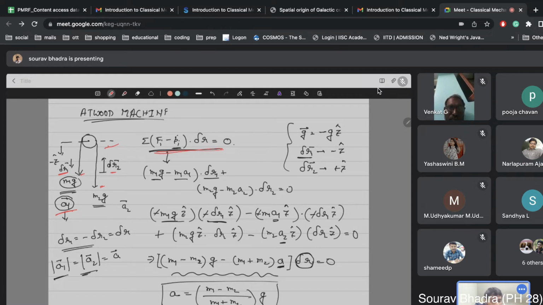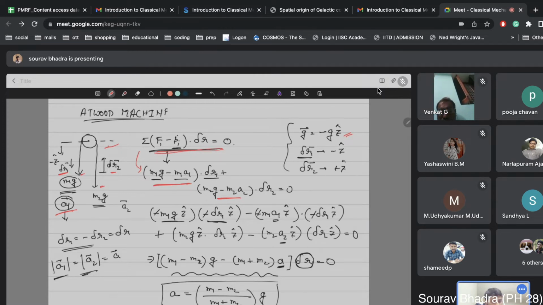Then we are writing our D'Alembert's principle in an open form, that is for the two different masses. So this is for m1 and this is for m2. Then we have taken our dot product accordingly, as we have chosen our forces, whether it is plus z direction or minus z direction.